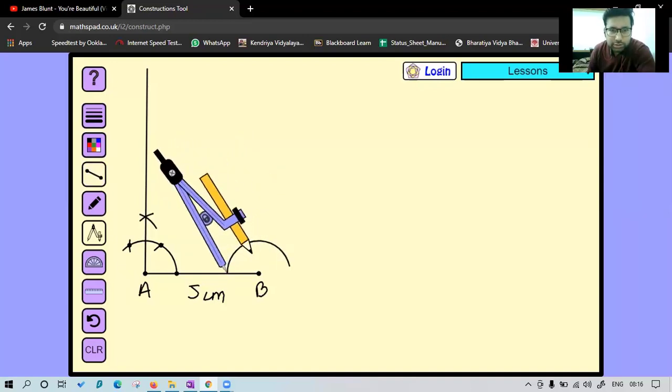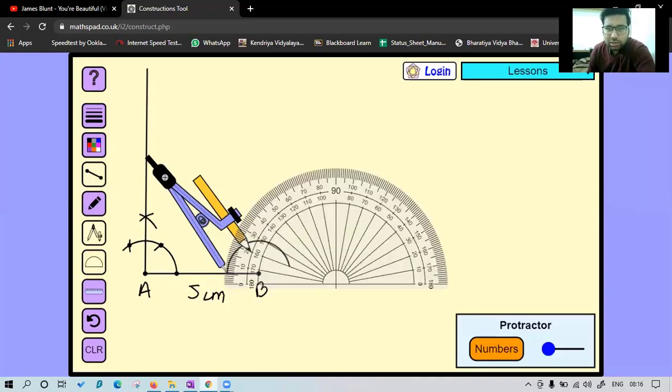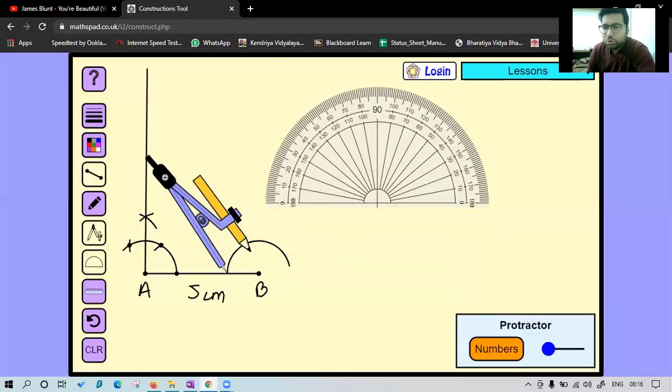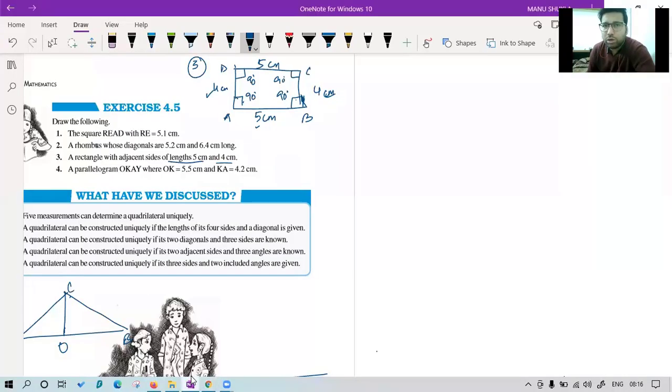So let's take the first arc. Plus one more thing you have to understand: which side we are measuring the angle from. You all have seen in a protractor there are two sides to measure the angle. You can measure 0 degree from left side also and from right side also. But you have to follow the diagram you have made.